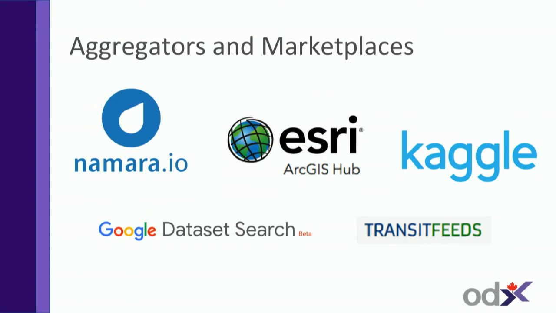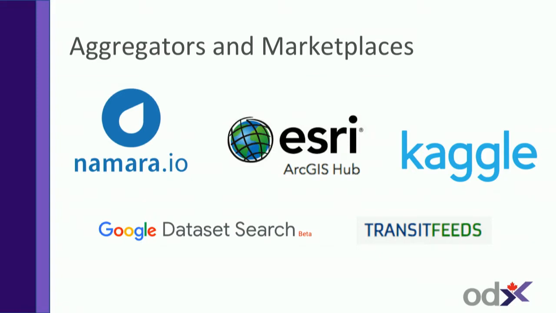Another development that just came about a month ago is that Google released their dataset search tool. It's in beta right now. Essentially, they are indexing open data portals and other data sources on the internet and providing a search engine that gives you a one-stop ability to search across all of these.